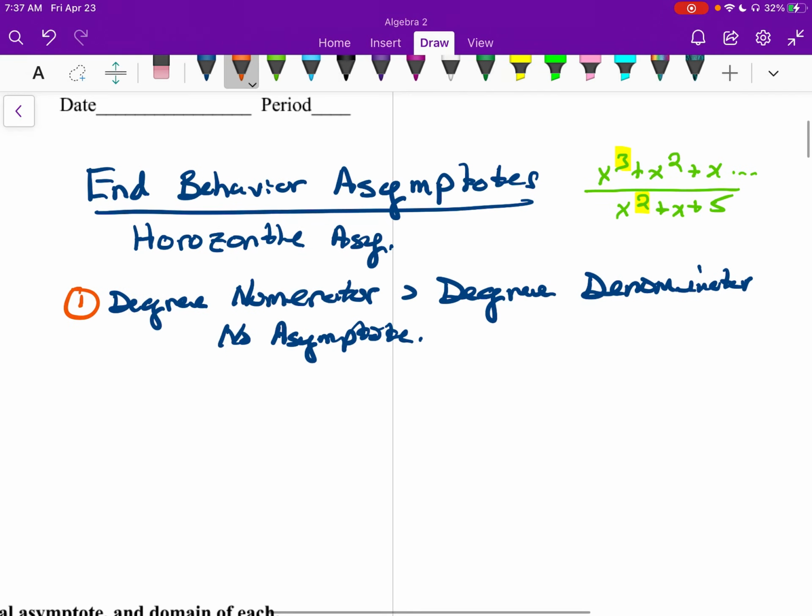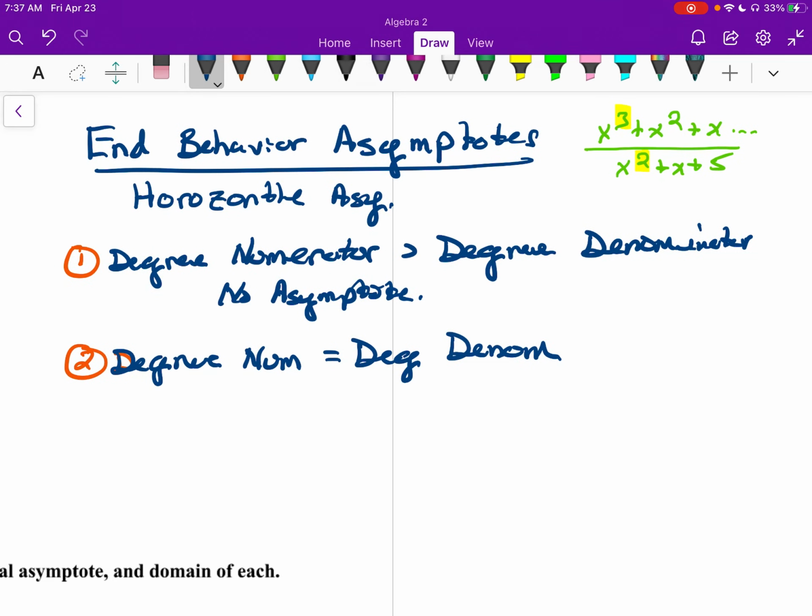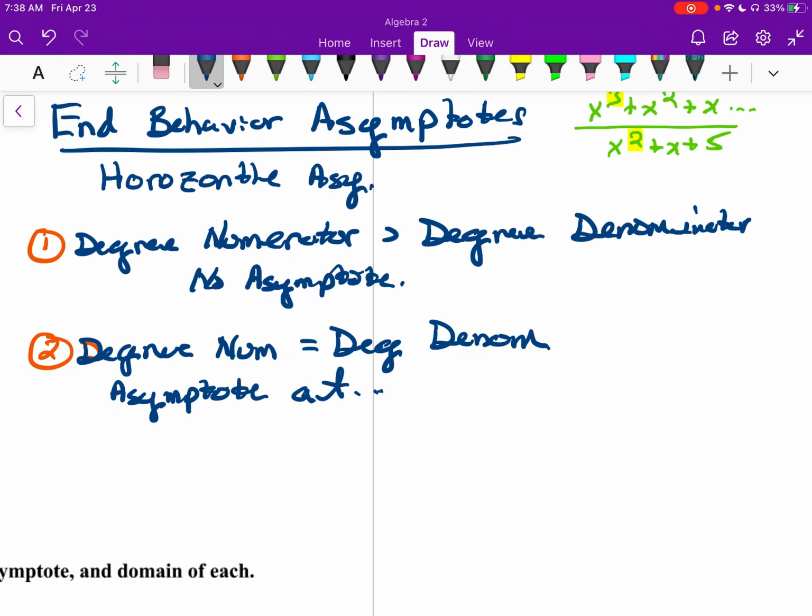Okay. Now the other situation is where we're going to have an asymptote. Number 2, we're going to say the other situation we'll have is degree numerator is going to be equal to degree denominator. This one means that there will be an asymptote at, and it's best to just show an example of this.